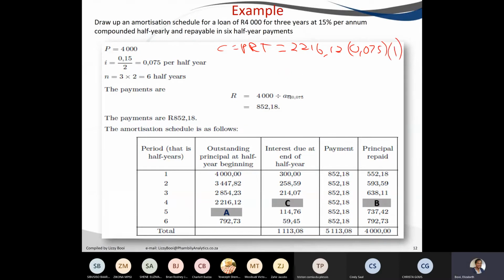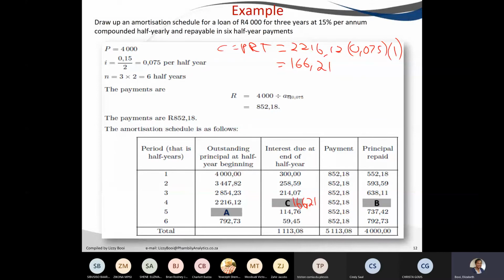Multiply this by 1 because it's for that line. And the answer we get, I don't have my calculator with me, so I'm going to check from here. It's 166.21. So therefore, this value is 166.21.